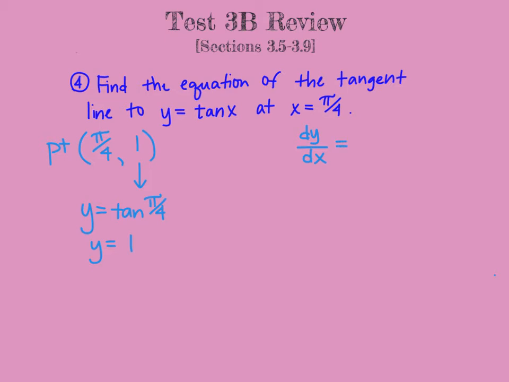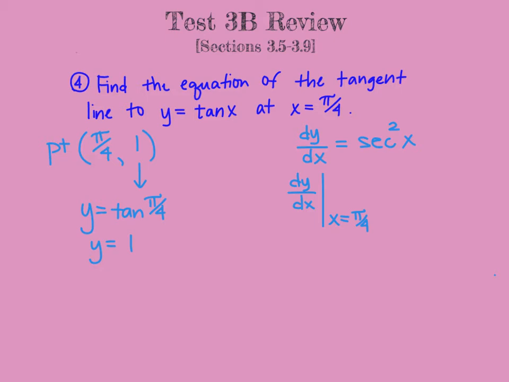So the derivative of tangent of x, that's a pretty easy one, is just secant squared of x. And then we need to plug in pi over 4 to secant. Now secant is the reciprocal of cosine, so you can write this in either way.